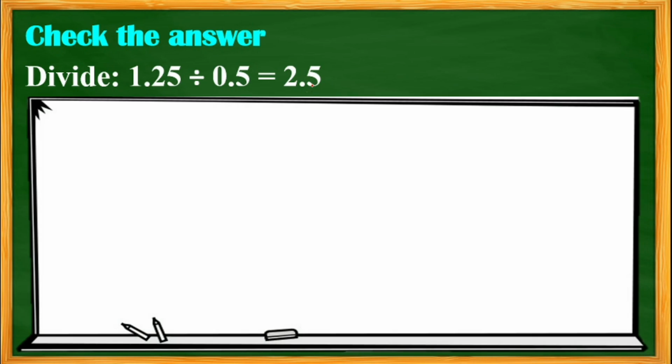Let's check if our answer is correct. We multiply our quotient to the divisor. The divisor is 5 tenths multiplied by 2 and 5 tenths. So let's multiply 5 multiplied by 5.